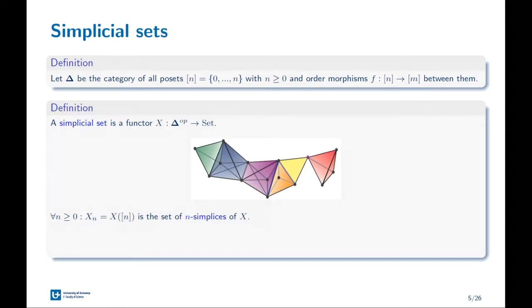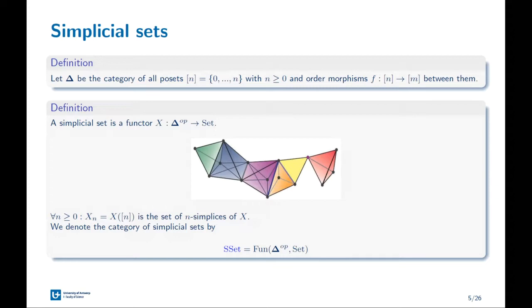And then the morphisms of delta, and in particular how X acts on those morphisms, will tell me how exactly these simplices are glued together. So the sets are just the raw data, and then the morphisms will give us how they are glued.